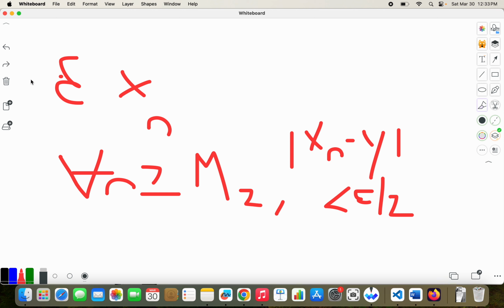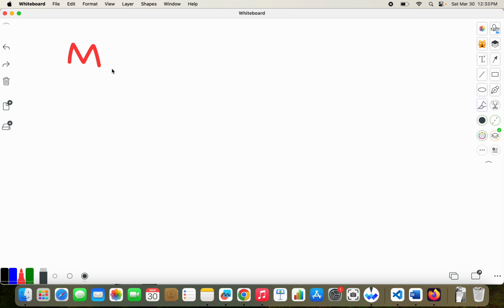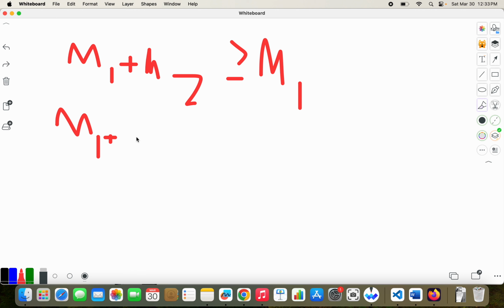Then since m1 plus m2 is greater than or equal to m1, and m1 plus m2 is greater than or equal to m2, makes sense.